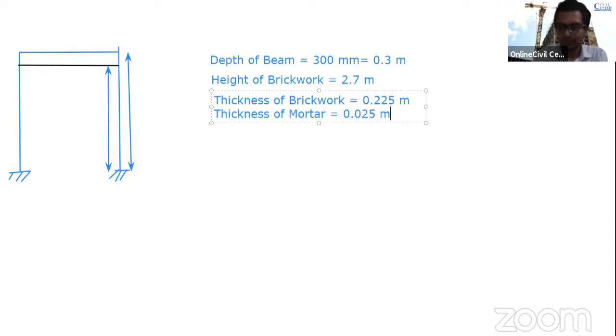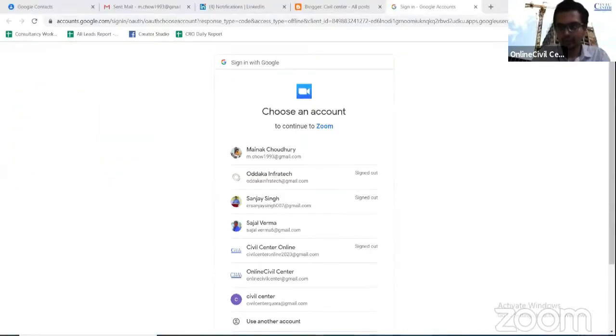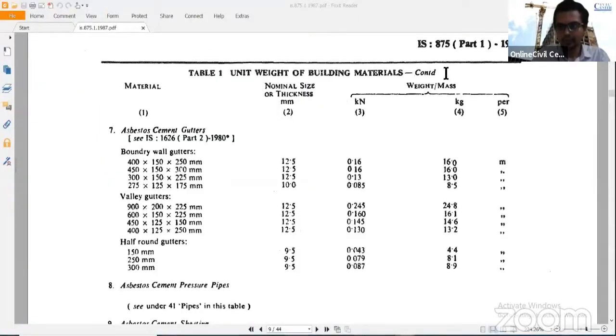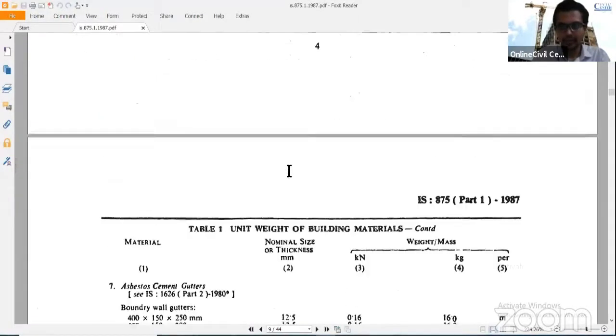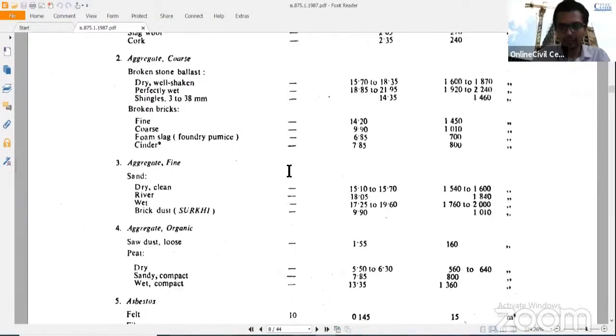That's why we made this video, so that in future if anyone asks you where you get these values, you can just show them. So we'll share my screen again and move on to the IS code. Okay, so this is the IS 875 part 1, as you can see here.